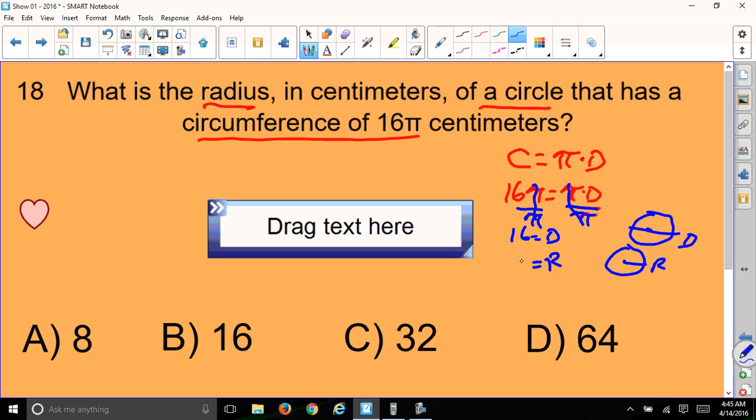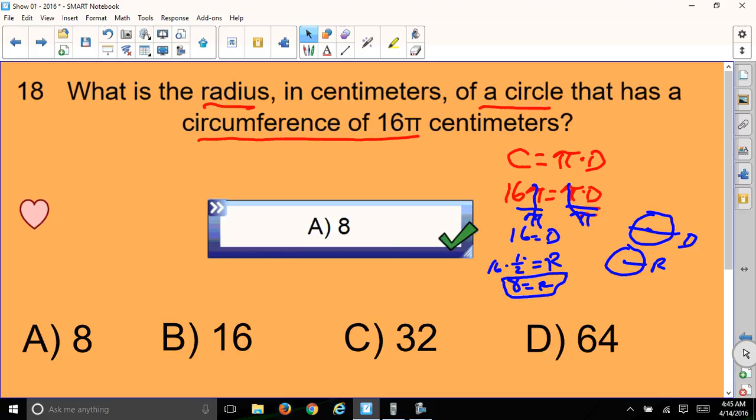So we are looking for the radius, and half of 16. 16 times 1/2 is equal to 8. So the radius is equal to 8. So I'm going to say choice A is my answer. So let's drag choice A up there and see what it says. There we go. Choice A is correct.